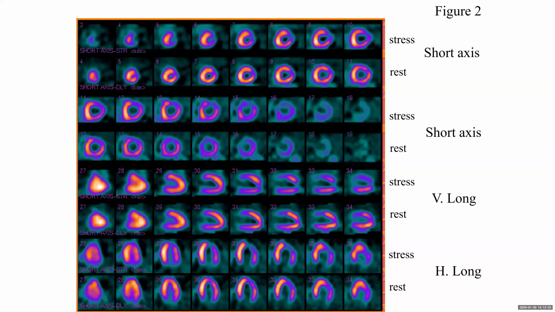ischemia in the, what territory is this? LCX territory. Anterolateral. Look at this. Anterior wall is affected. Improve. Yes. Affected. Improve. Then here, it's laterally oriented. Don't forget that we are dealing with images. It's not a real heart. This could probably just be a little tilted. So this tells you from the apex going up to the base.